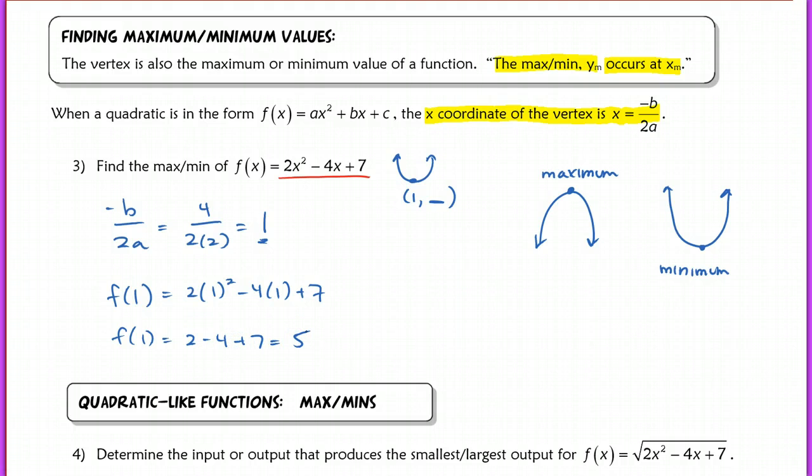Okay, so this is now saying that our minimum value for this function is 5, and it occurs at x equals 1.